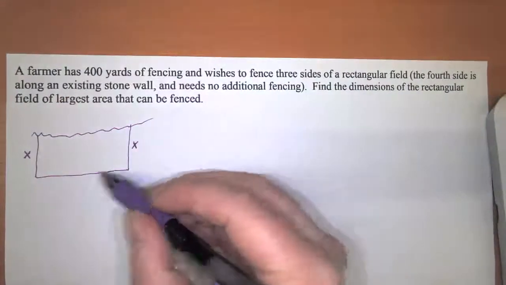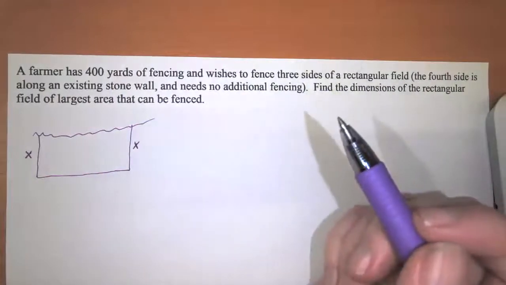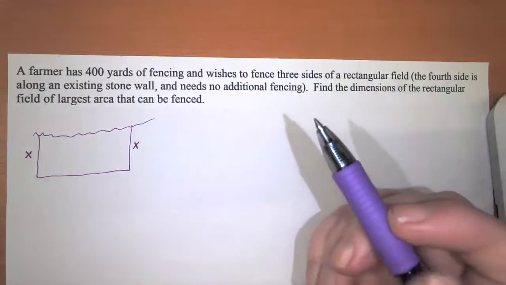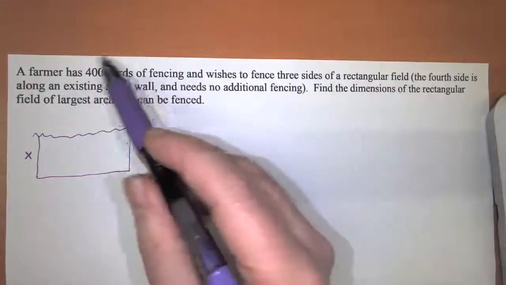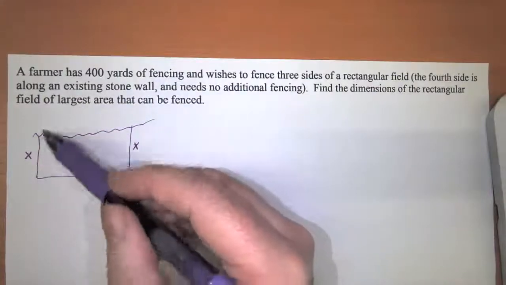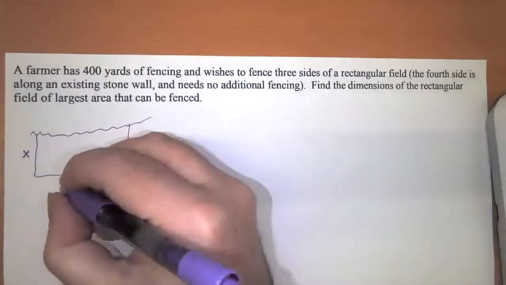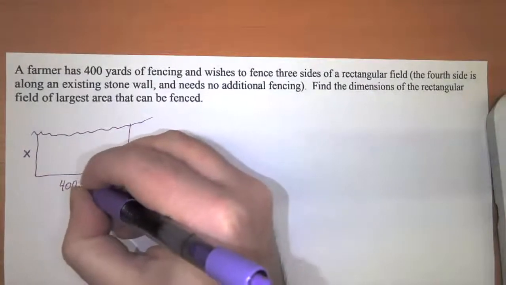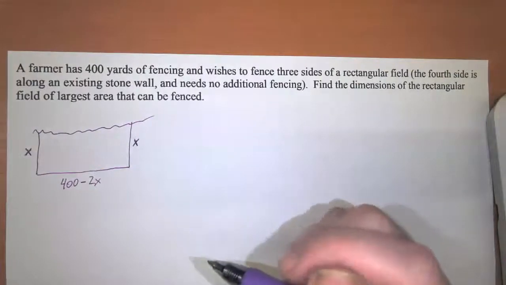What's the length of this rectangle based on the information we have in this problem? Well, we have 400 yards of fencing in all that we're going to use. We've used x to make this wall and x to make this wall. So that leaves us with 400 minus 2x to be used for the length of the wall.